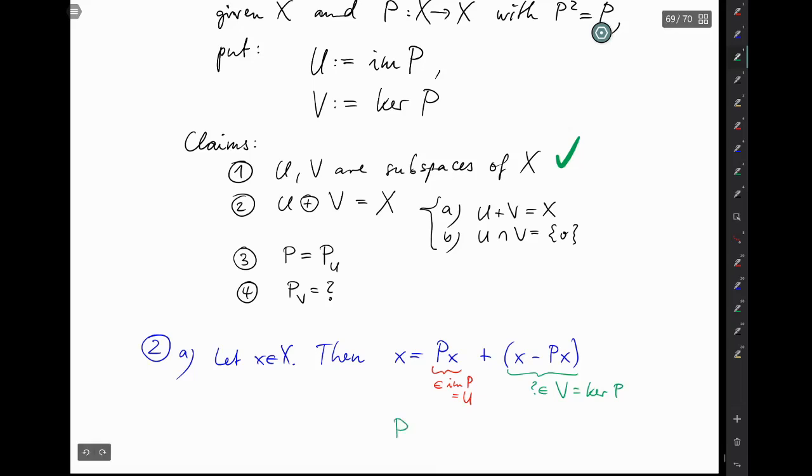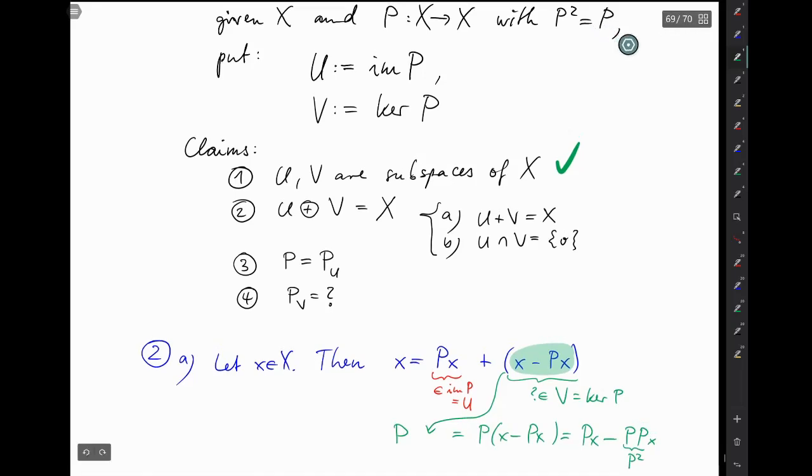So P of this expression here is, well, let's write it out again, P of x minus Px, and then it's of course just Px minus P Px, but of course instead of P times P we can write P squared, and then here we go, you're using for the first time now our magic equation P equals P squared, and that's why we're getting 0 here.